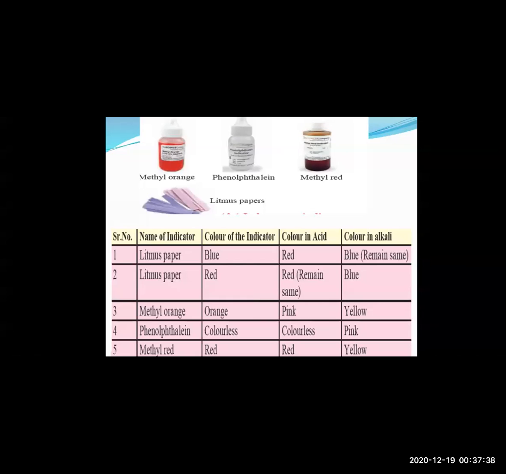And when the red litmus paper turns blue, we can say that the solution is basic. So this is how we are identifying. Students, when you come to school, in the laboratory we will perform different activities in which you can understand the difference between how to identify the acidic and how to identify the basic solution. But now orally I am telling you how to identify.